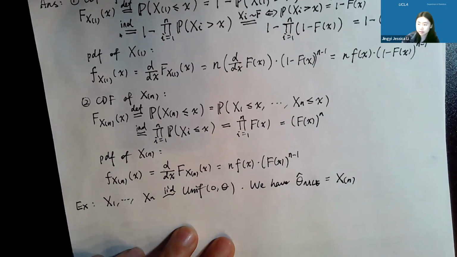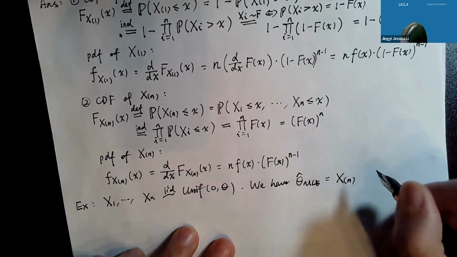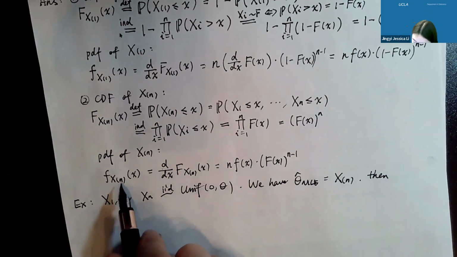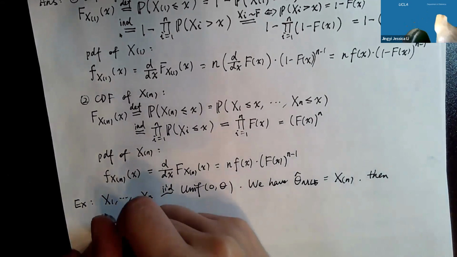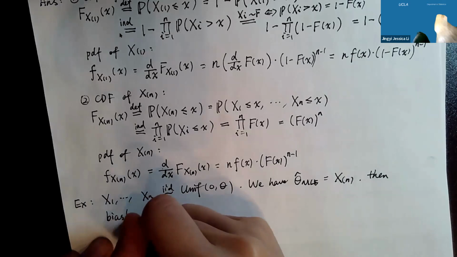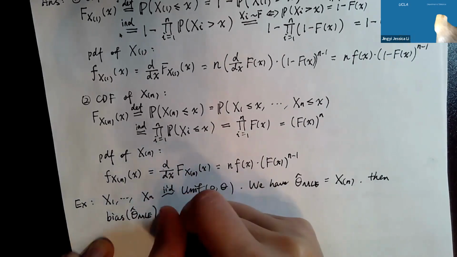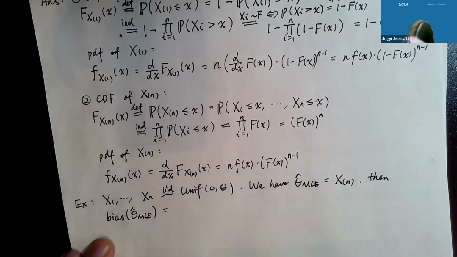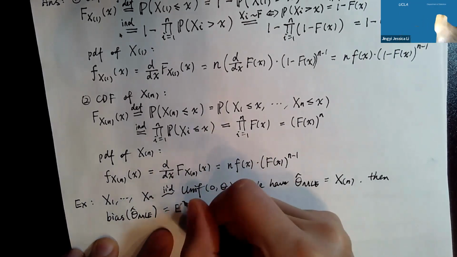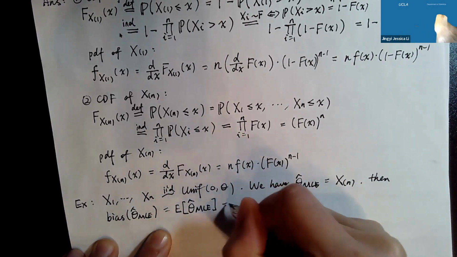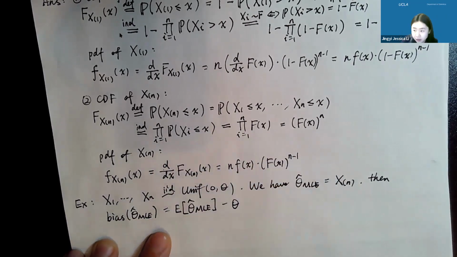This is what we previously derived. So if you want to define the bias of the theta hat MLE, which is what we didn't do in the homework, it will be equal to the expectation of the theta hat MLE minus the true value theta.